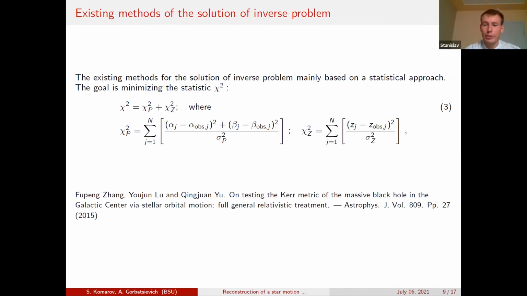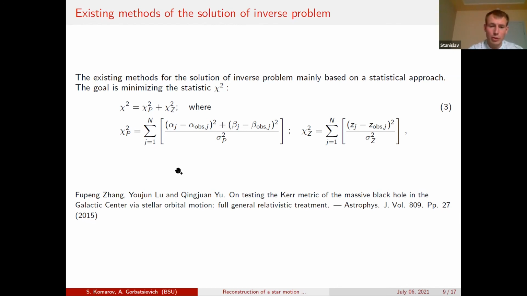For the solution of the inverse problem, in the literature, there are the following approaches. For example, ordinary statistical mathematical methods that use a chi-square function. It can depend not only on redshift, but also, for example, on the observational position of the stars.